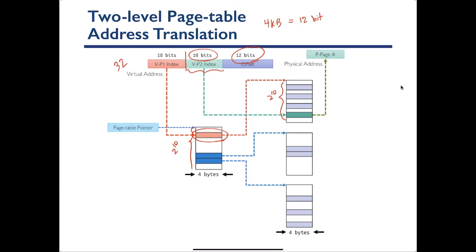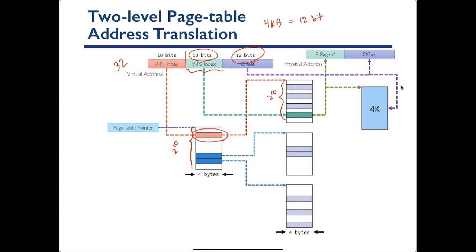Then I used the second 10 bits to index into that second page table to find my physical page number. Then I copy the offset, and this gives me the address in physical memory. So that's a 2-level page table.